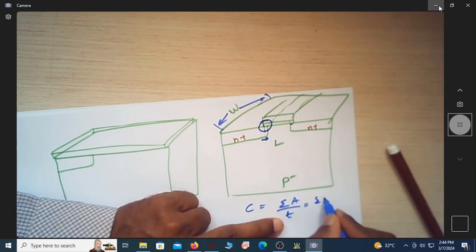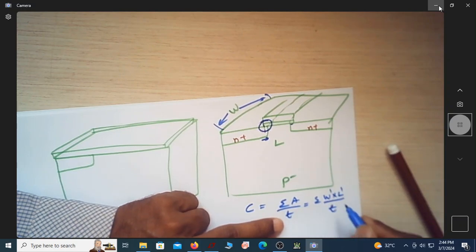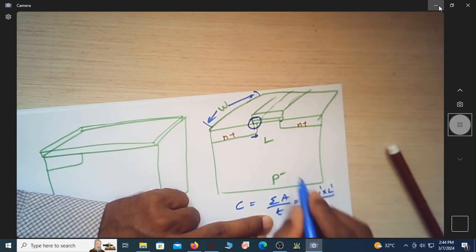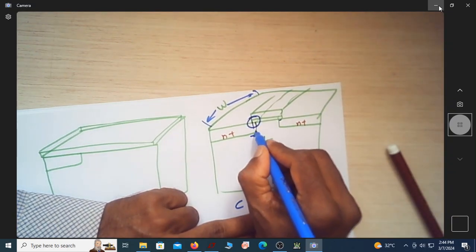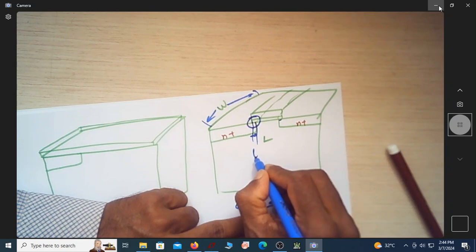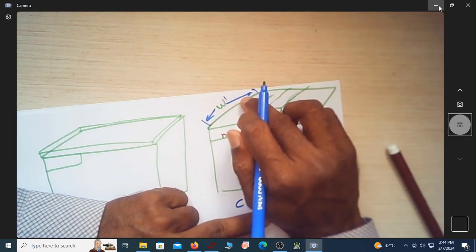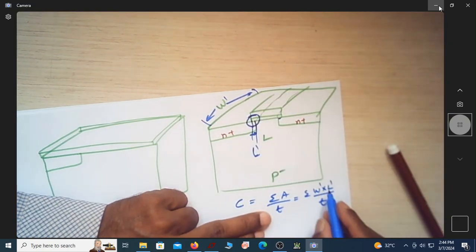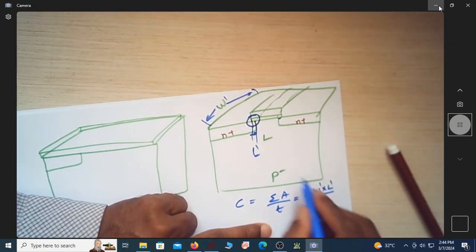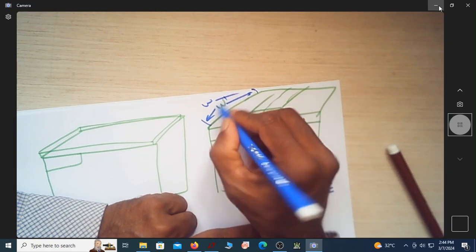So this is epsilon, width into L, let me write it as W dash, L dash and T. What is this L dash? L dash is actually this distance. And this W dash is the width. Is this W dash equal to the width of the transistor?